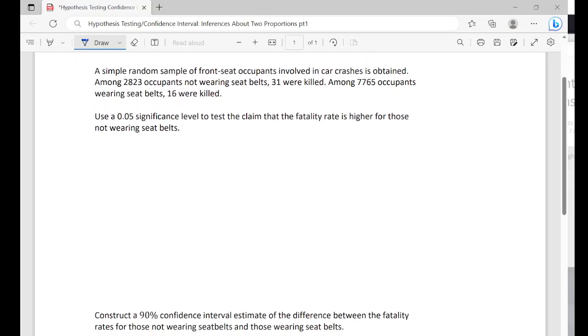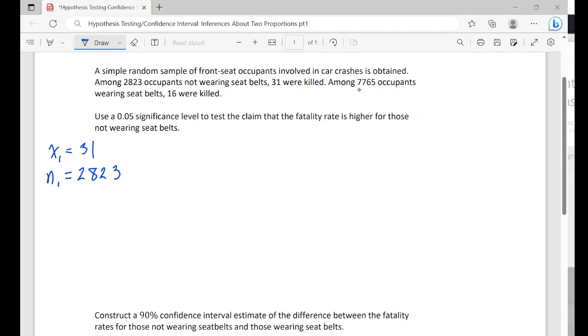So let's write out the information we know. For the first group, 2,823 occupants not wearing a seatbelt, 31 were killed. And since we're testing the claim about the fatality rate, our particular value is the ones who died, 31. So x1 is going to equal 31, and the total number of people in this group is 2,823.